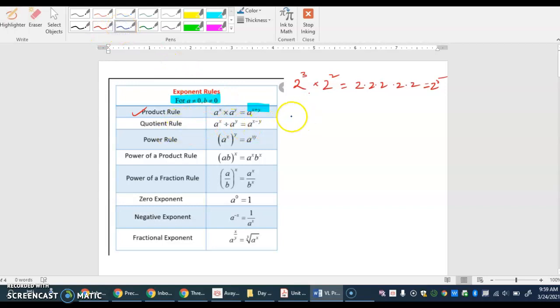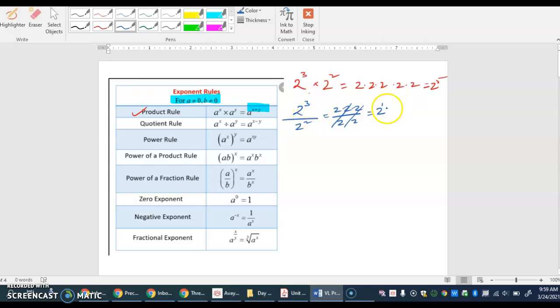The quotient rule, if you take an example of quotient rule here, so if I say 2 cubed divided by 2 squared, then what would you do? You would do 2 times 2 times 2 divided by 2 times 2. So some of them will cancel and you're just left with 2, which is 2 to the 1.